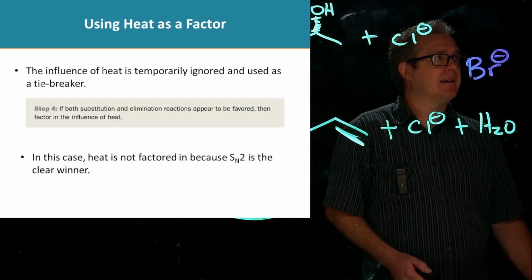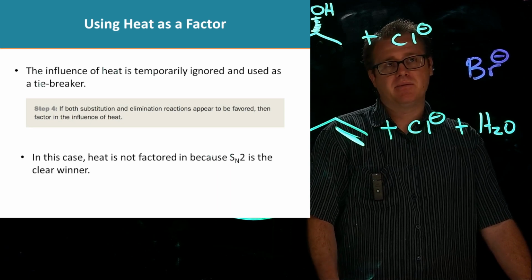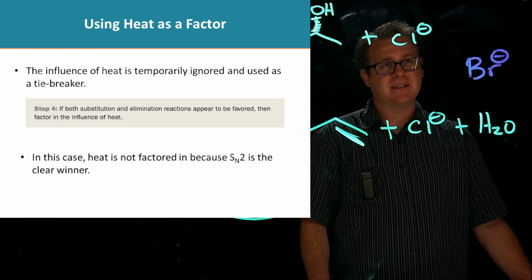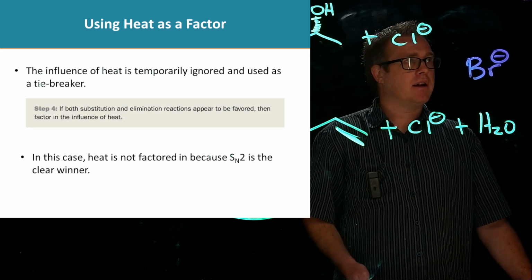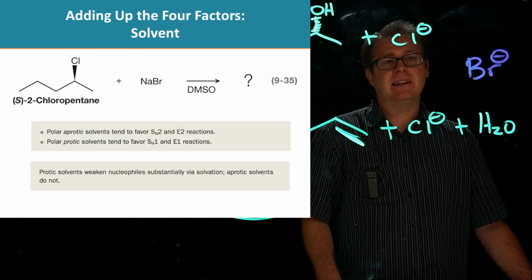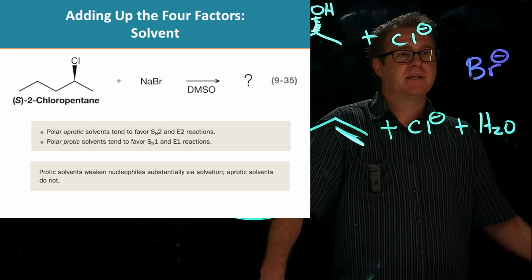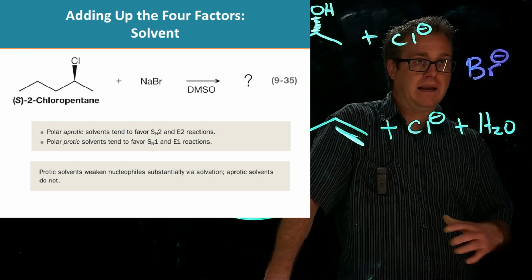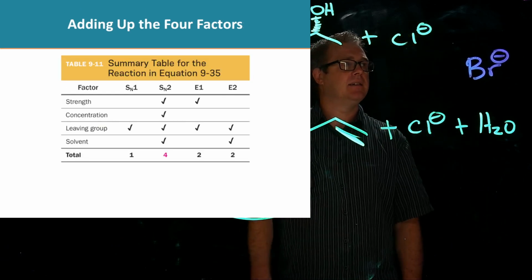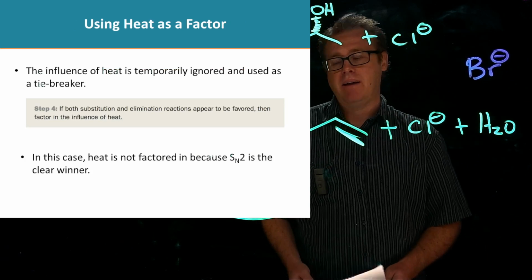That's how we're going to handle that. Like the slide says, we temporarily ignore the heat component unless there's a tie, and then we go back and look at the reaction to see if there's any indication that heat was added. When I look at that reaction scheme, I don't see a delta symbol. I don't see the word heat anywhere. So I'm just going to assume that no heat was added. But that only comes into play when we have to break the tie.